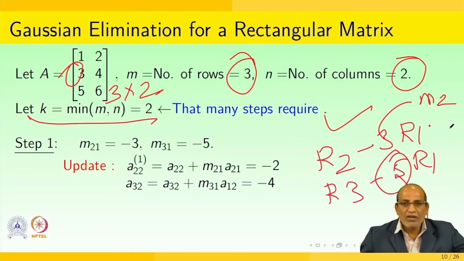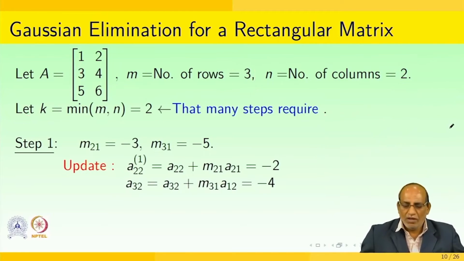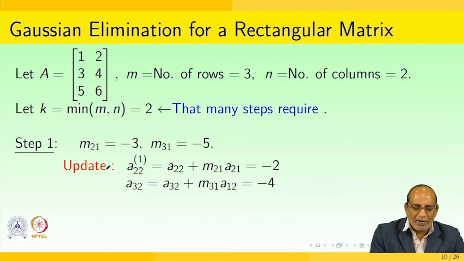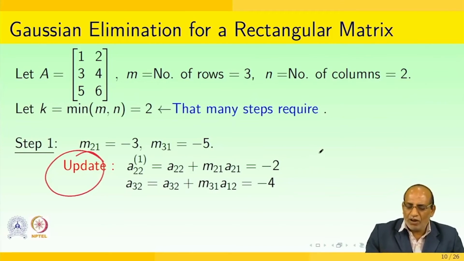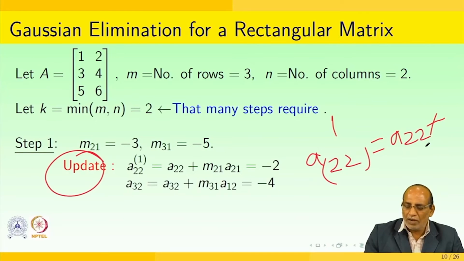Fine. Now let us update the values. A1 of 2 comma 2 is equal to A22 plus M21 times A21, which turns out to be 2.